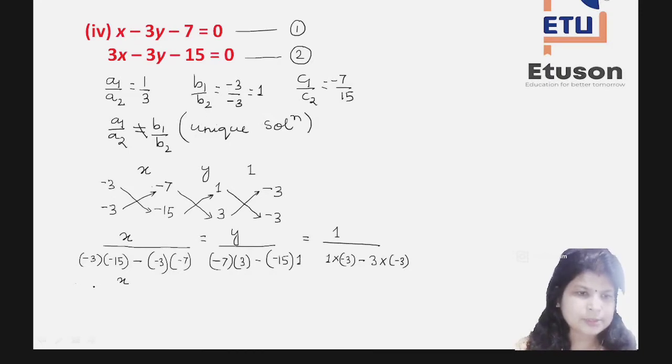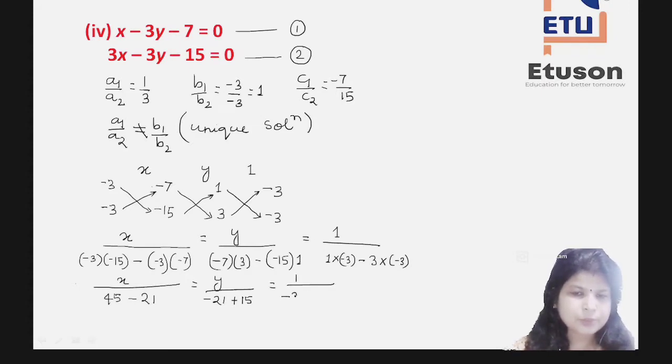So x divided by minus 3 into minus 15 is 45, minus 3 into minus 7 is equal to how much? 21. So minus 21, is equal to y divided by minus 21 plus 15. Correct or not? That is equal to 1 divided by minus 3 plus 9.